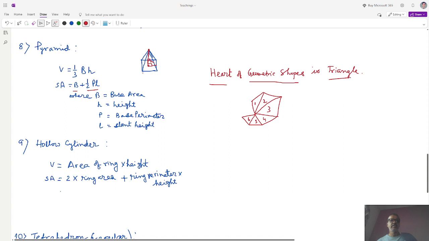That is why the area of all of the slant surfaces comes from this formula. Understand?